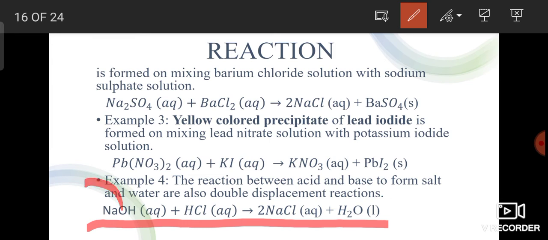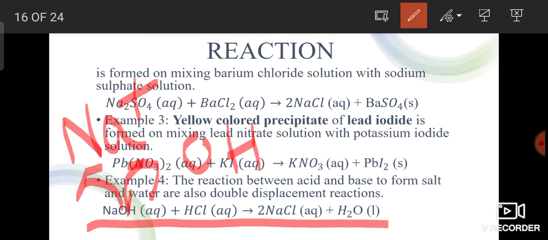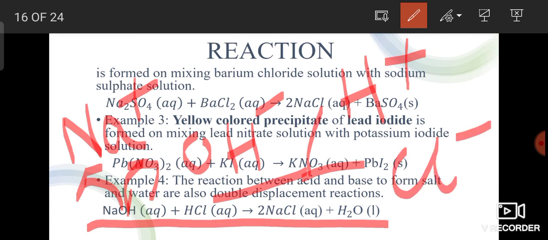Now when sodium hydroxide is dissolved in water, on ionization what you will get is sodium ion, which is Na+, and hydroxide ion, which is OH-. Then in a very similar manner, when HCl ionizes, the two products that you will get are H+ ion and Cl- ion, which is chloride ion.